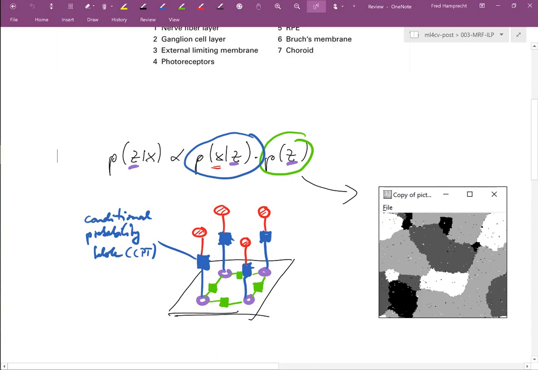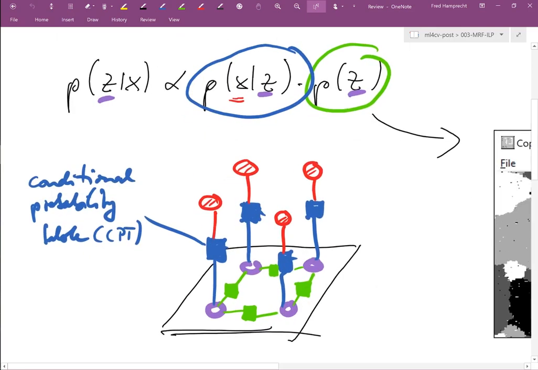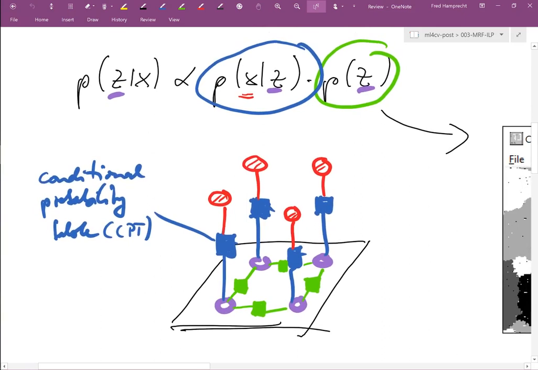And then we also have the opinion of our unary term, which is encoded in a conditional probability table. So if we did have 20 classes, then we would have for each pixel a vector of length 20 that tells us how likely is it that this observation is associated with such and such class.